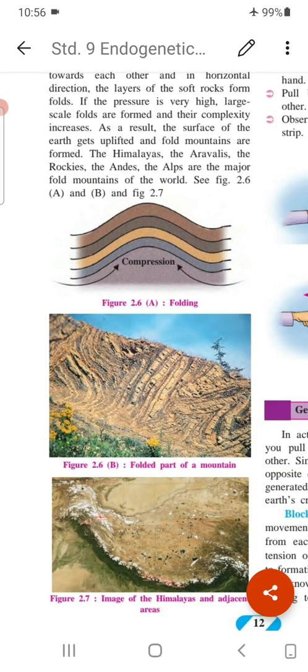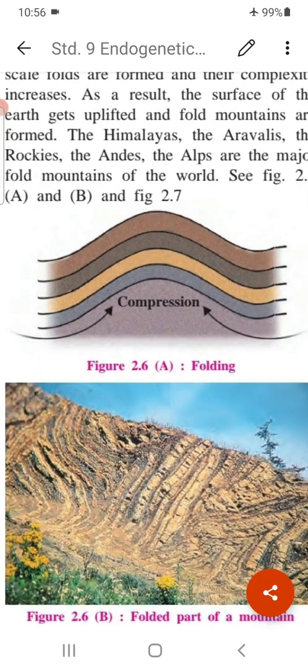These mountain ranges are formed due to what? Due to this high pressure, and the surface of the earth has been lifted, uplifted, and fold mountains are formed.